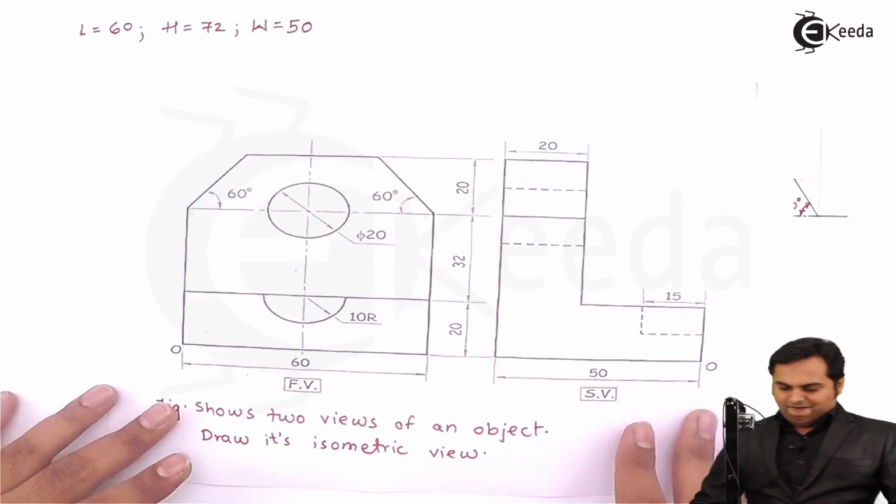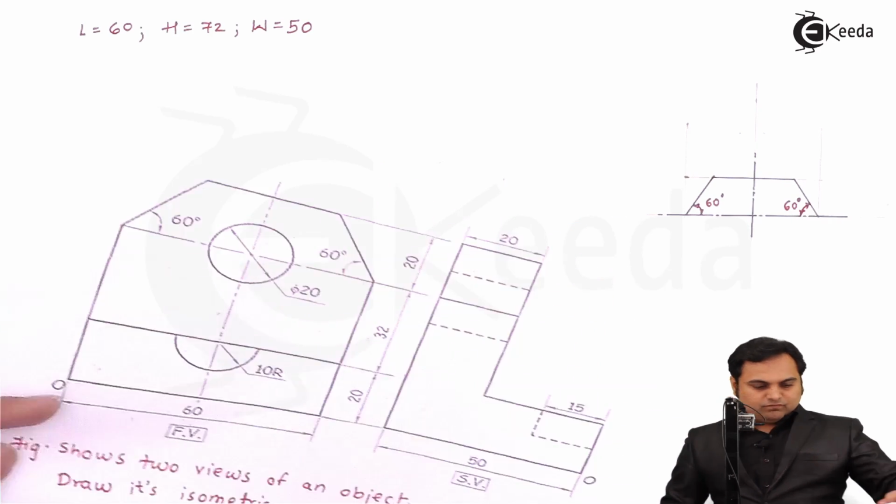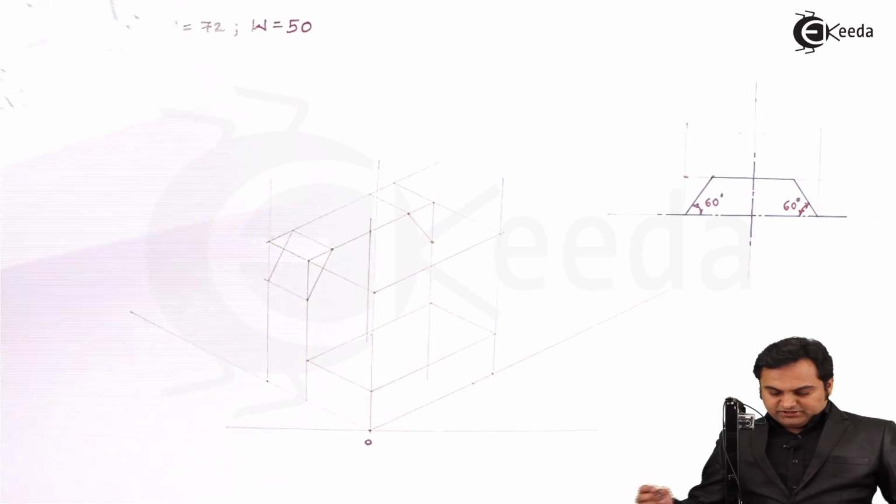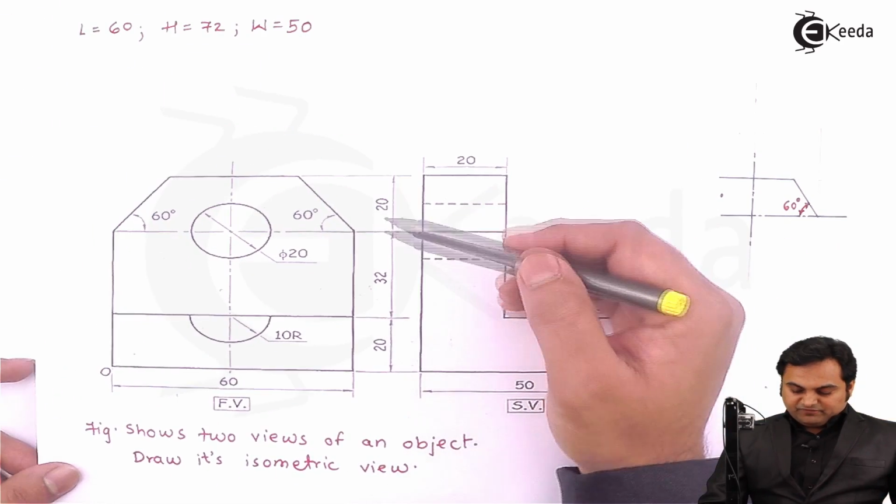So here, for that circle having diameter 20 mm, its center is located 20 mm from the top.